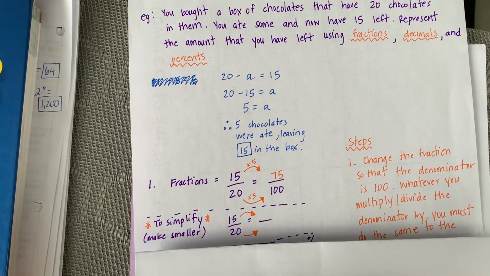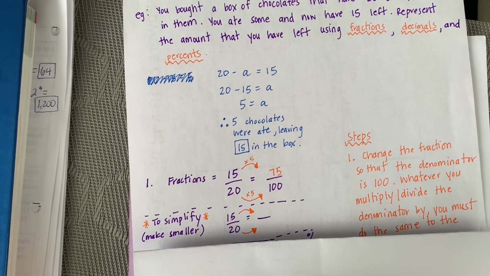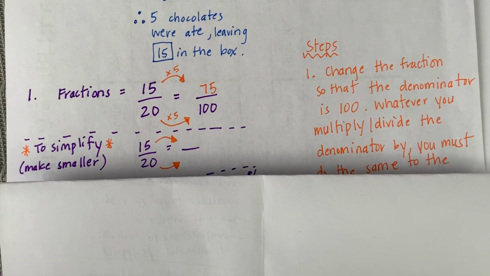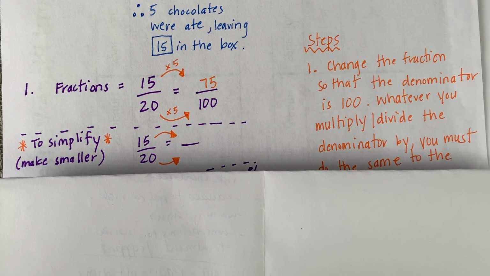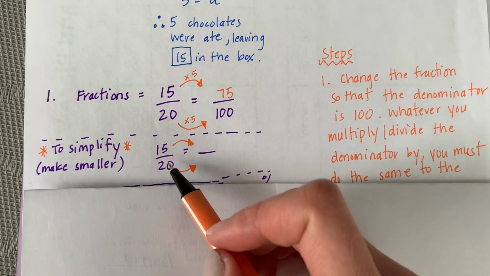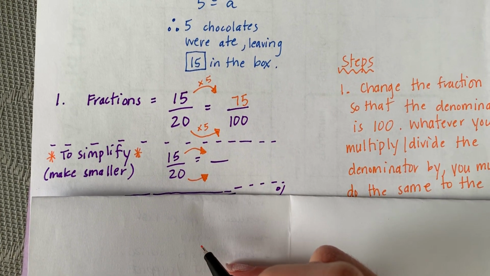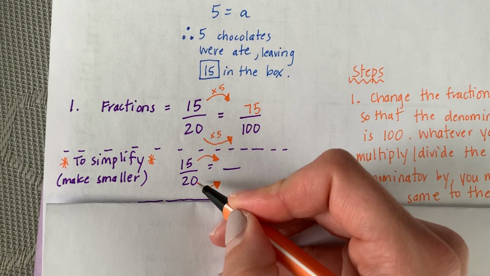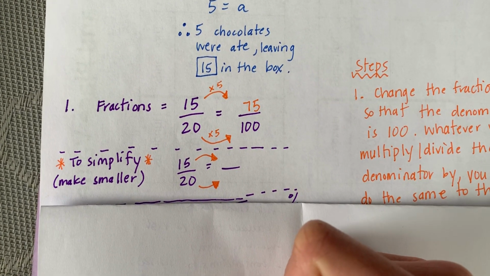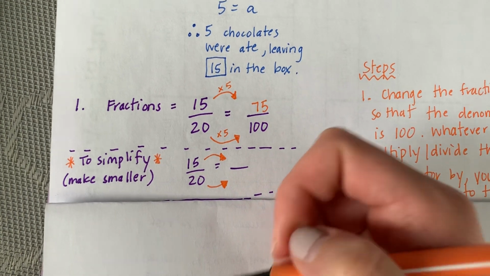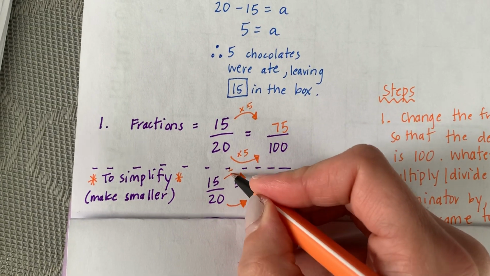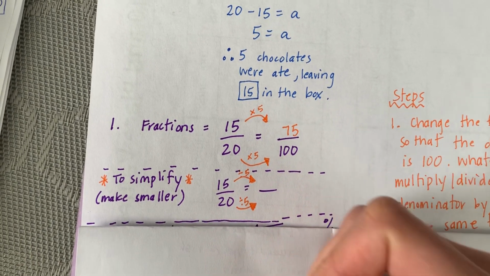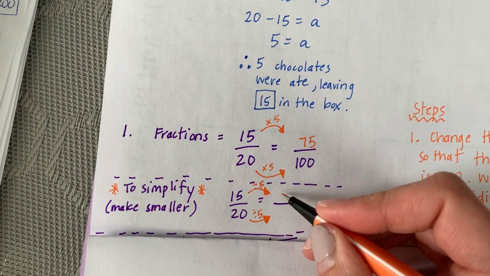Now, you might find in the upcoming questions that you have simplified fractions. So just a reminder, simplify means to make the fraction into lowest terms. So in this case, 15 out of 20 can be simplified. We can get that lower by dividing. So you need to think, what can my numerator and denominator both be divided by with a whole number? 15 divided by 5, that is the largest number I can divide by to get my smallest fraction.